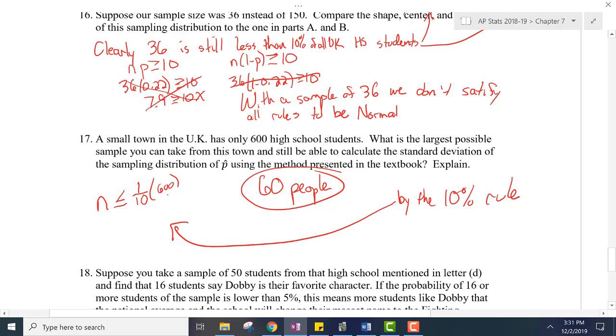And we can do that. We know the sample size. So n has to be less than or equal to 60. So then we could find the standard deviation and the mean because we have the 10% rule, even though this isn't normal.